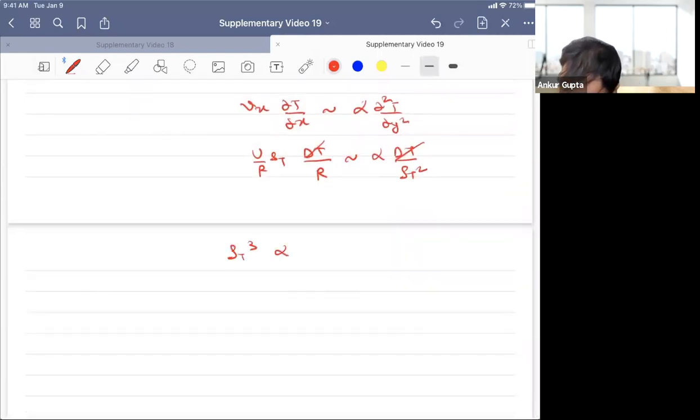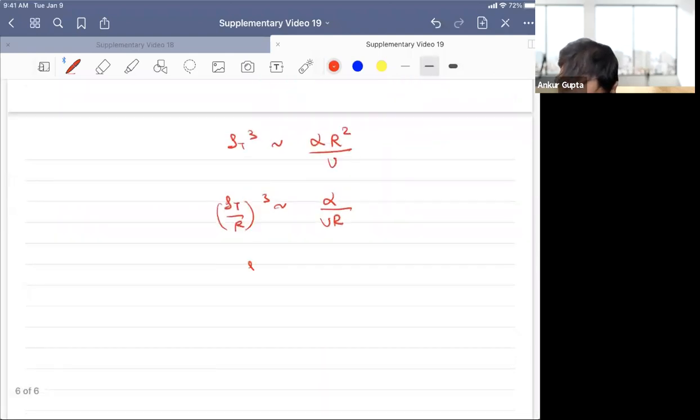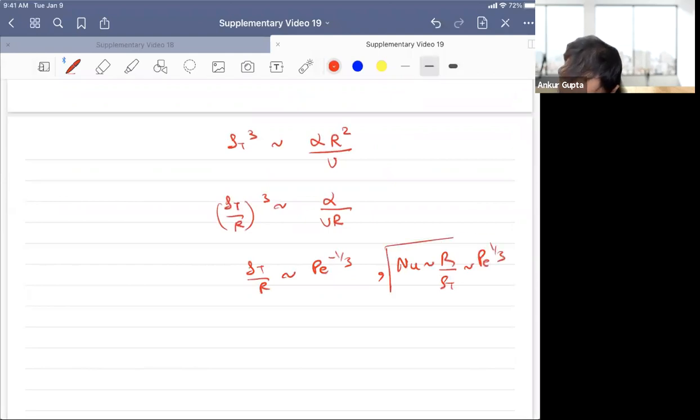It scales as alpha r square by u, and delta t by r whole cube scales as alpha by u r. And finally, delta t by r will scale as Peclet to the power minus 1 by 3, and the Nusselt number, r by delta t, will scale as Peclet to the power 1 by 3.